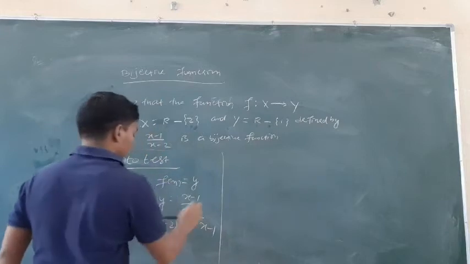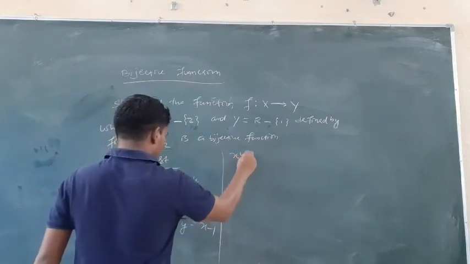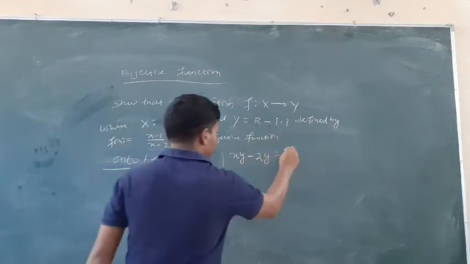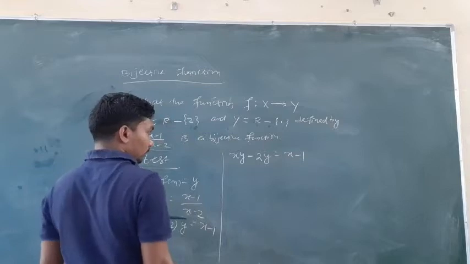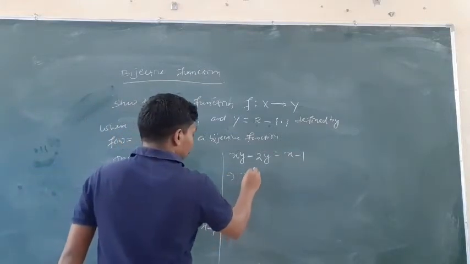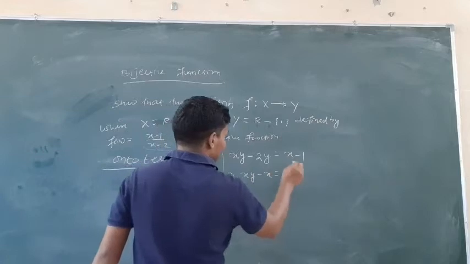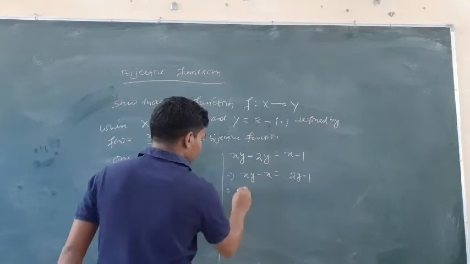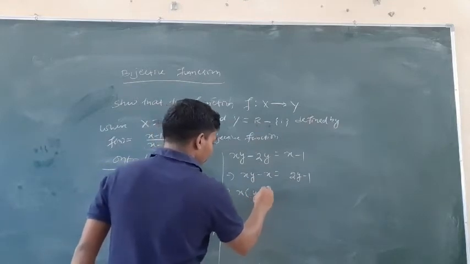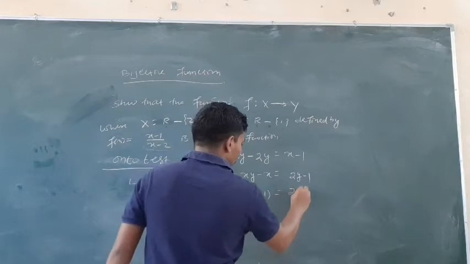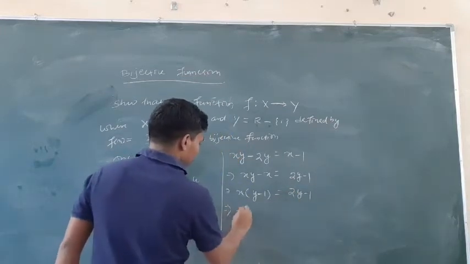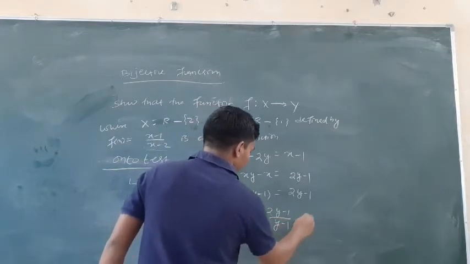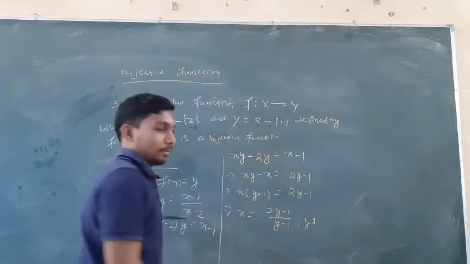That implies xy minus 2y is equal to x minus 1. So xy minus x is equal to 2y minus 1. I am simply taking x common. Therefore, x into y minus 1 is equal to 2y minus 1. Therefore, x is equal to 2y minus 1 by y minus 1, where y is not equal to 1.